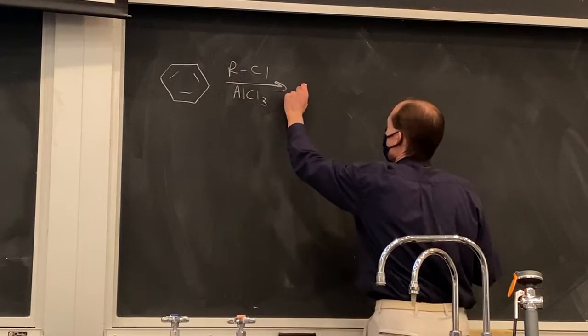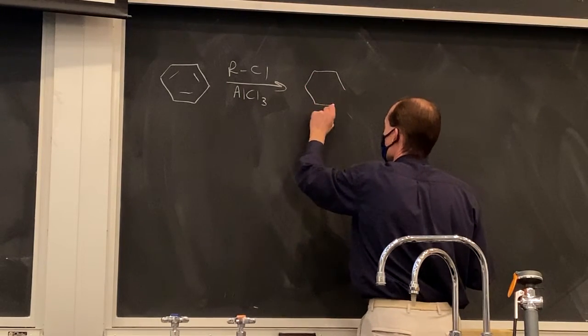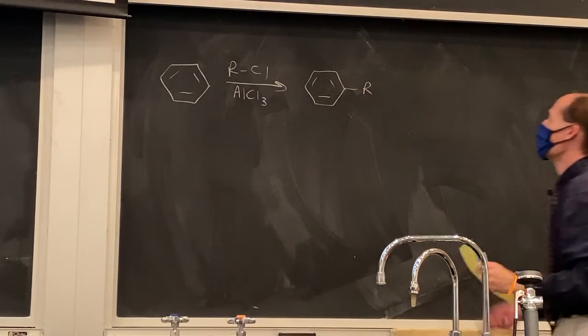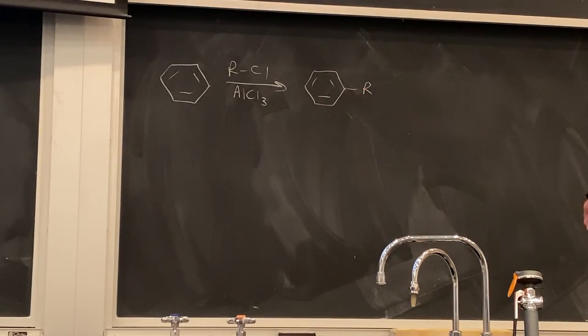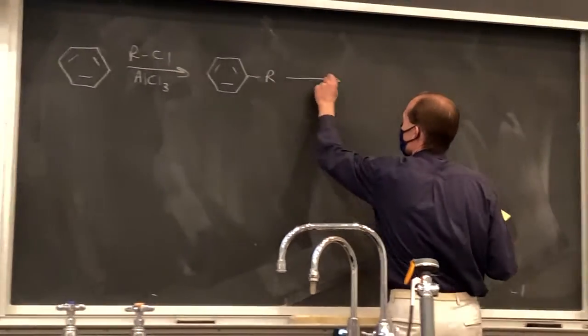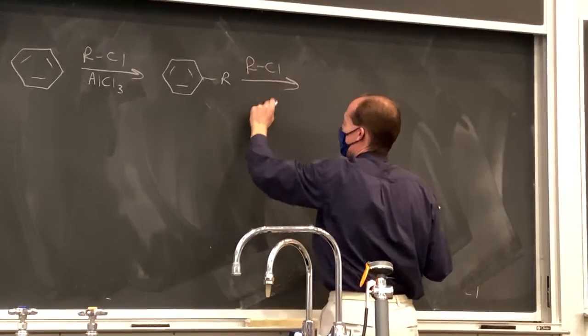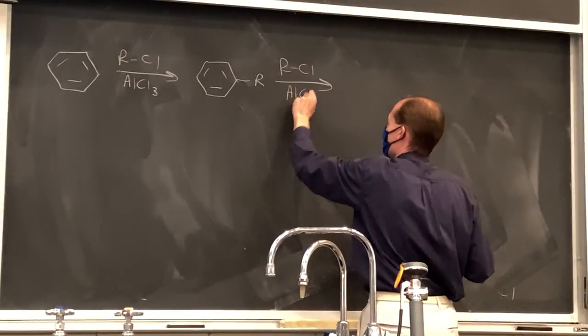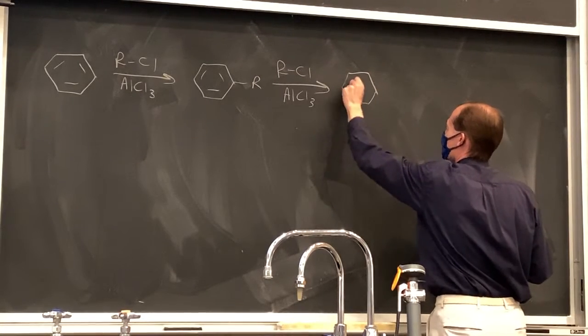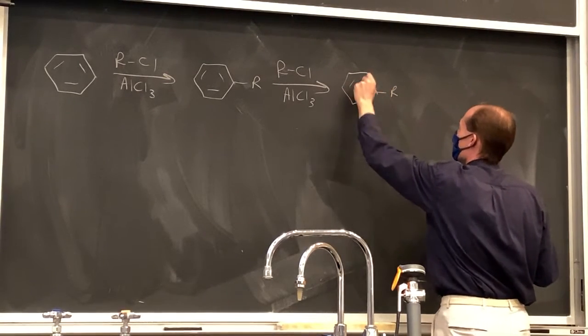We add an alkyl group, which is a weak activator, but it is an activating group. So we're making a product that is going to be more reactive than our starting material. So that product is going to react faster with our alkyl halide and our aluminum trichloride. And then we're going to get polyalkylation.